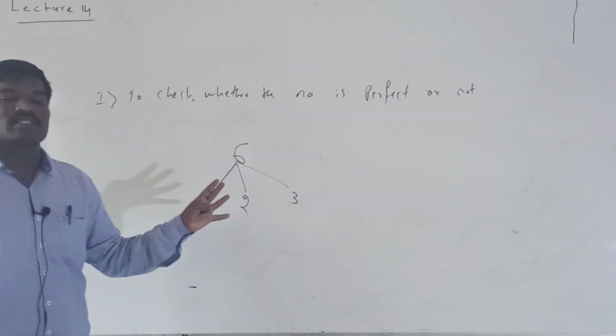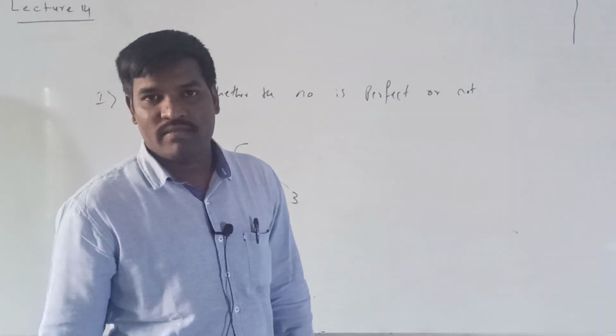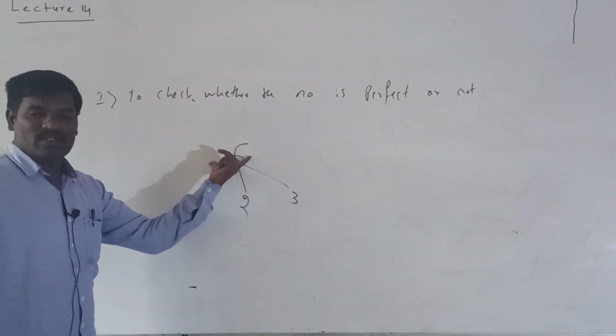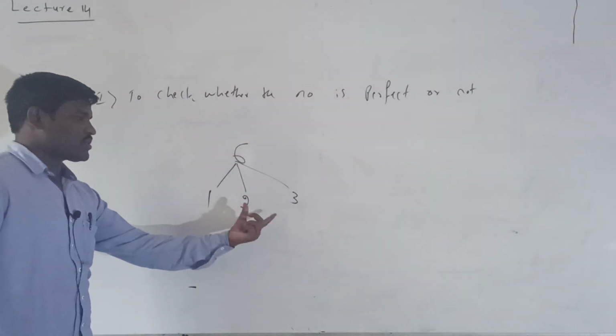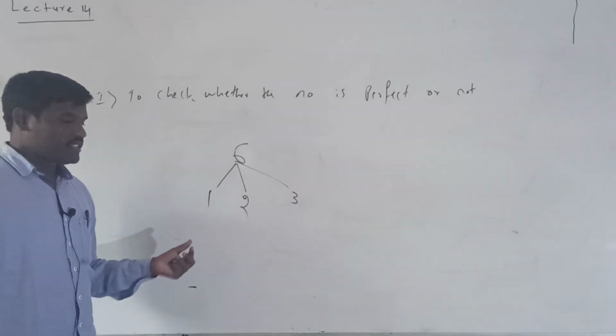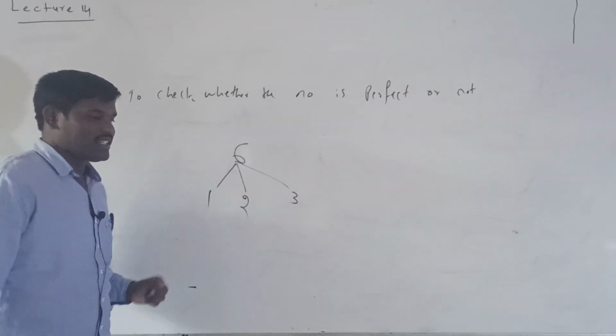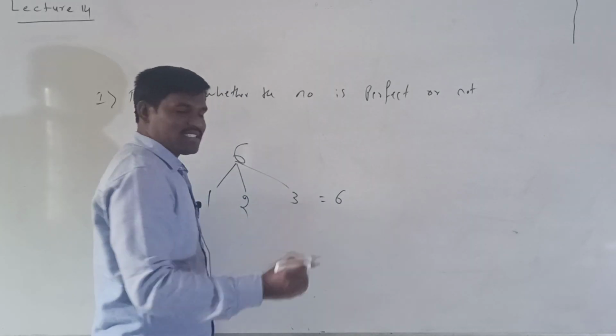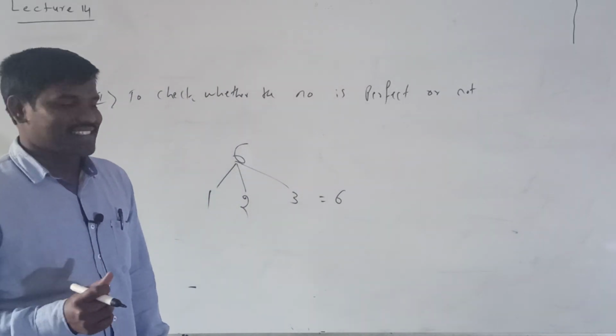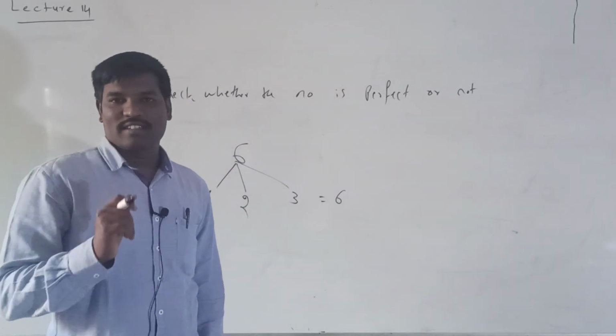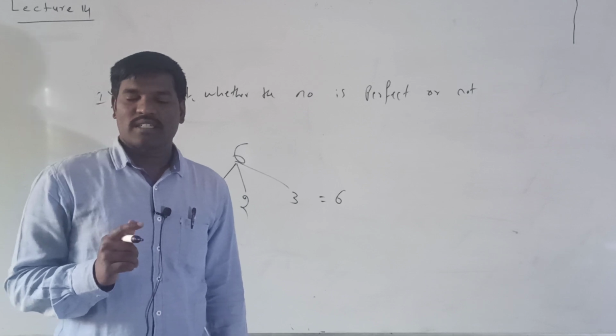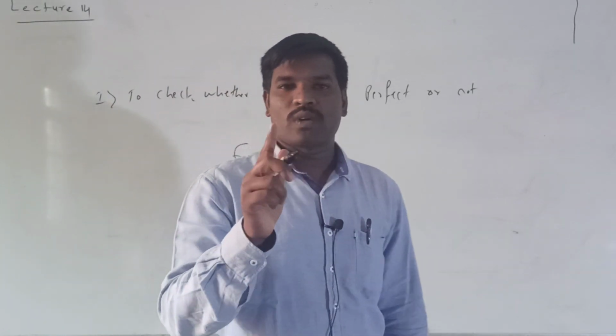Including 1 we have to consider the factor. Once we find the factors, you can add them. Here 1 plus 2 plus 3, again you will get the result as 6. So then you can say that 6 is a perfect number. So here the number of input is only 1.